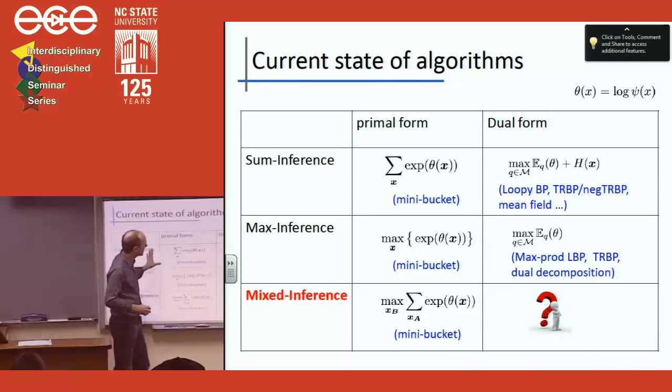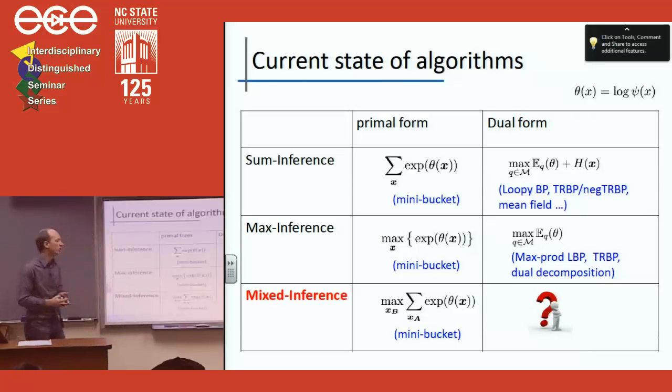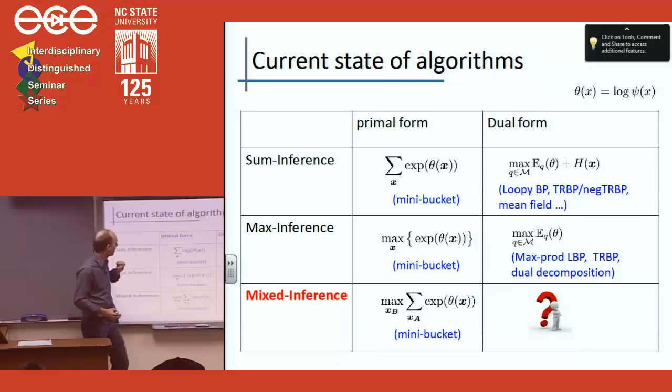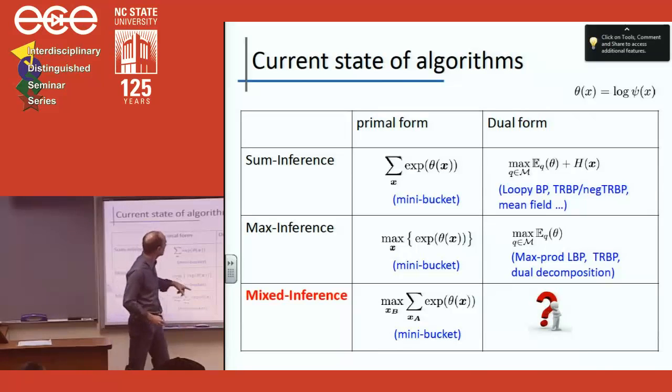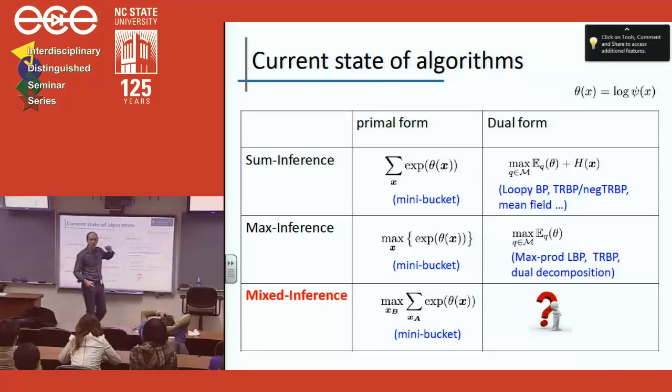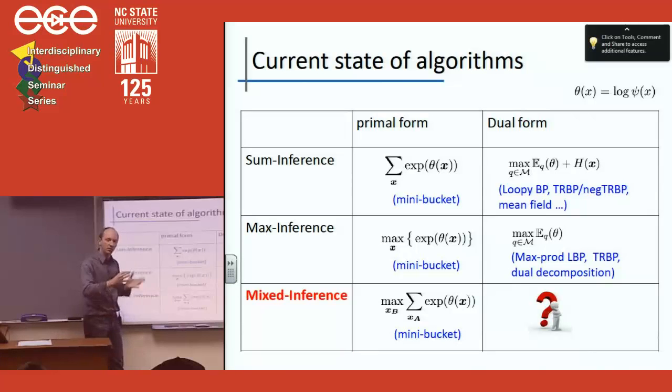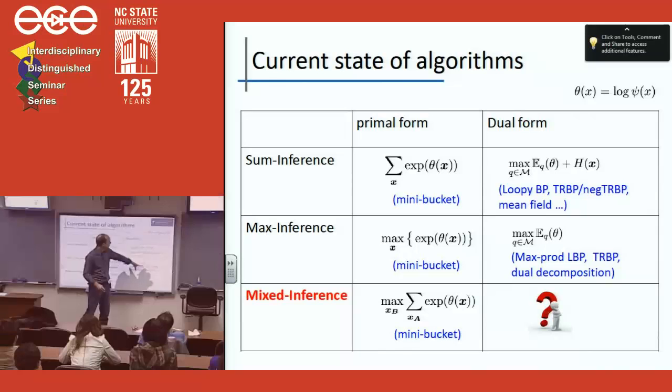So you can think of this as a grid of different algorithms that we could use and perhaps what their properties are. Sum and max are sort of the most commonly considered problems. Sometimes I write things in terms of psi, and sometimes in terms of theta. It's just a logarithmic transform. People who work on belief propagation tend to use exponential family forms, and that's using this theta.